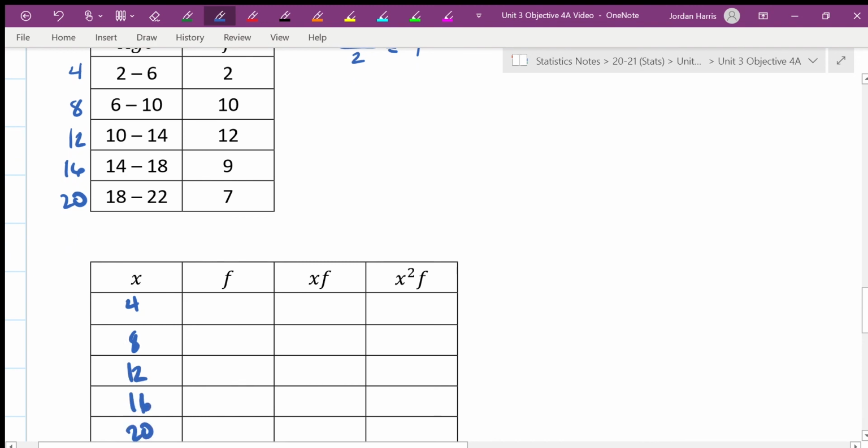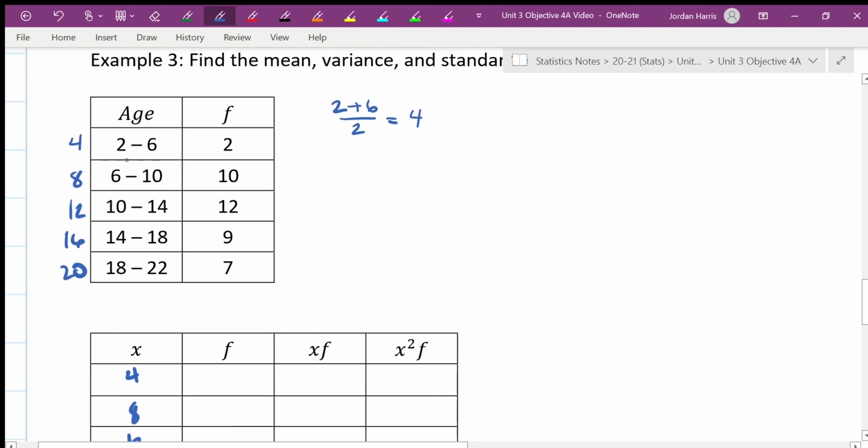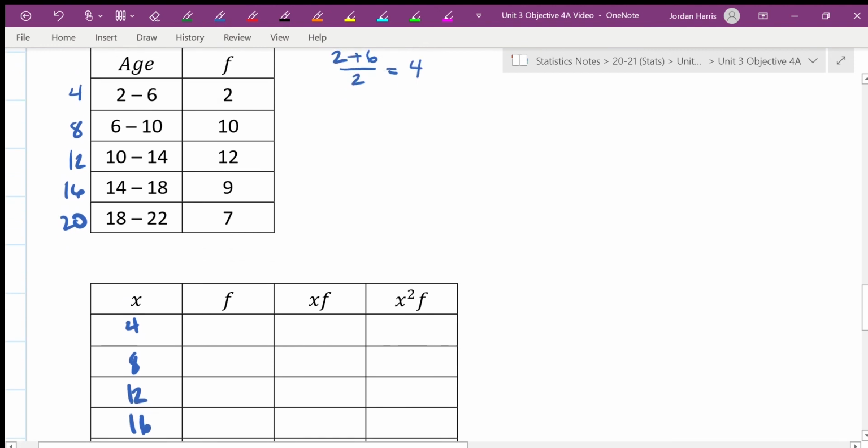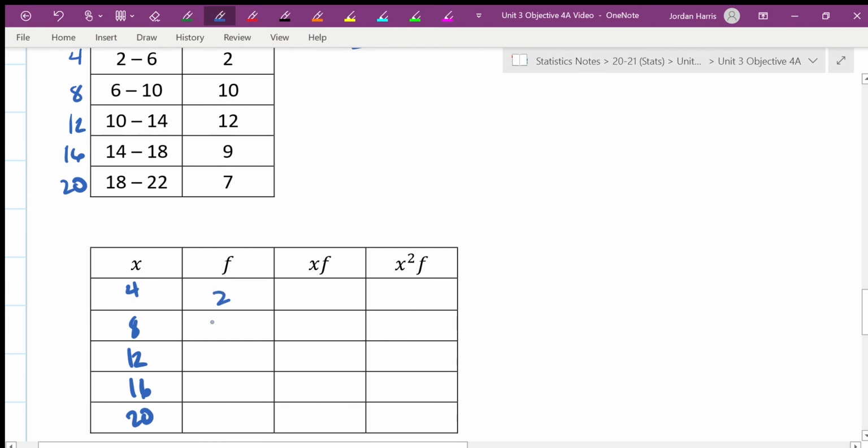And then those frequencies, the next column, relate to our new values. We can't use a range, so we have to use a single number that represents the range. So 2 to 6, the average of that is 4, so that's what we use. So 2, 10, 12, 9, and 7 are my frequencies corresponding to those same values.